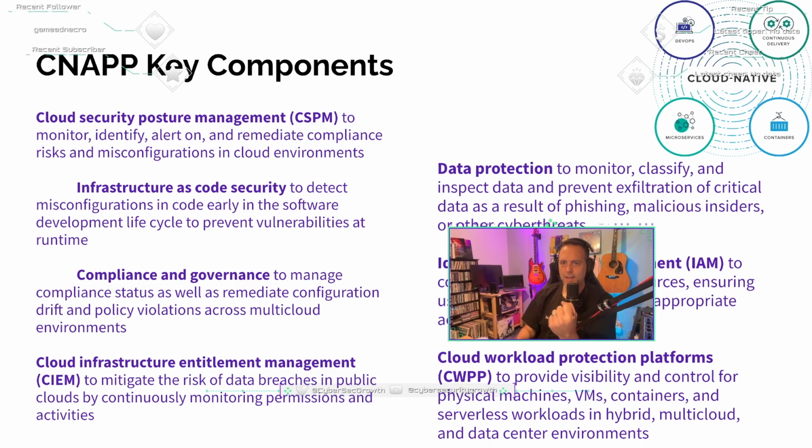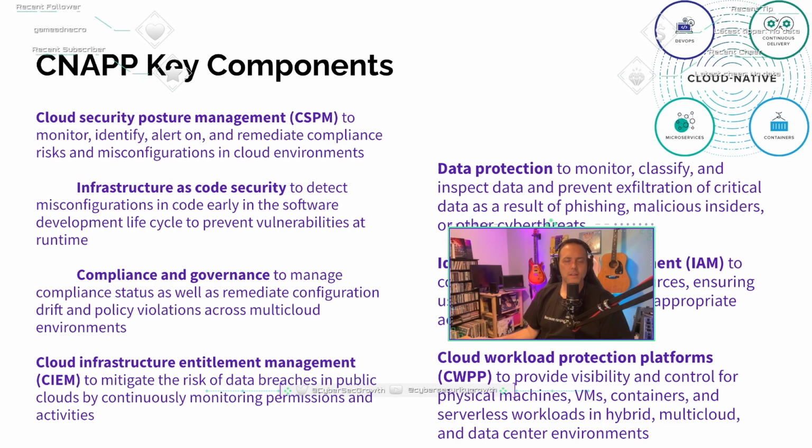What's your identity, and what's the entitlement from some other system that you have access to? Are you able to go into your Workday environment and read something? Is that your entitlement? So entitlement management. If you're not familiar with that term, I figured I'd give a little overview. Cloud Infrastructure Entitlement Management to mitigate the risk of data breaches in public clouds by continuously monitoring permissions and activities.